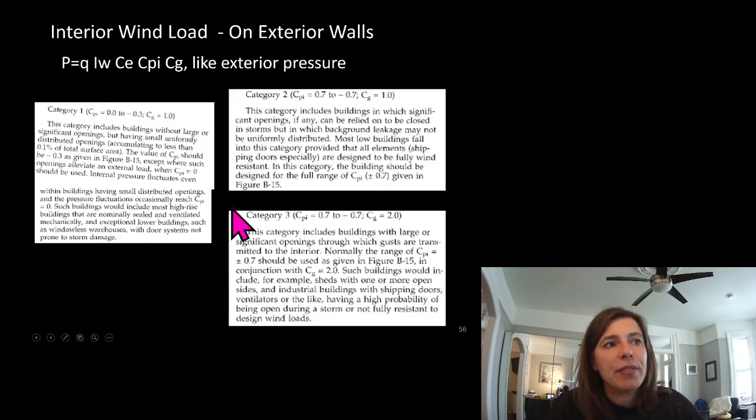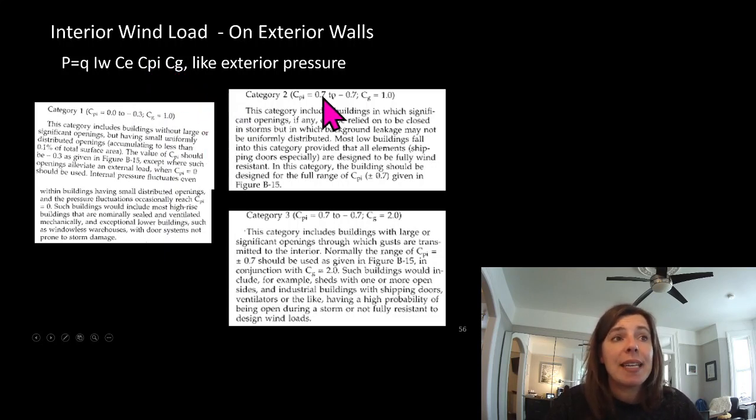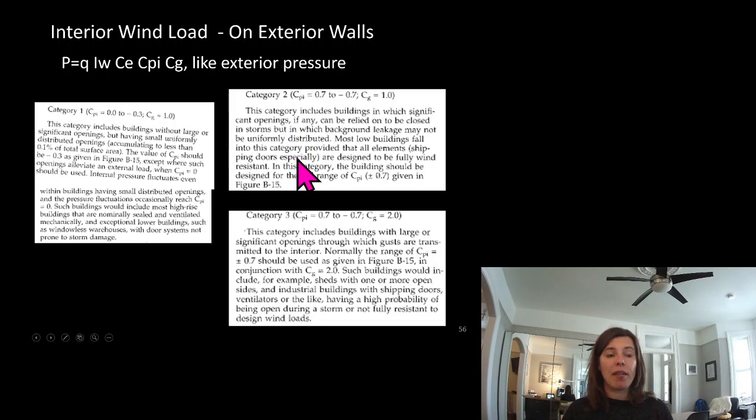Here's roof uplift. And then interior CPI and CGI are like exterior pressures, except we look up CPI and CG, and they give us these here depending on what type of building we have. Basically, it's saying that if you have no operable windows, you're going to have very little internal wind pressure.